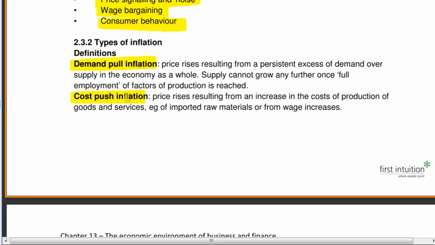As we're spending more and more, firms see an opportunity to increase their prices, and that's exactly what they do. They put their prices up, and that causes inflation. That will tend to happen particularly once the economy reaches a point of full employment. Firms simply can't produce any more at that point, so all they can do in the face of increasing demand is push their prices up.